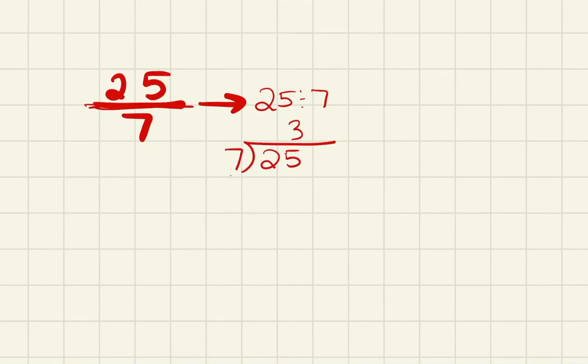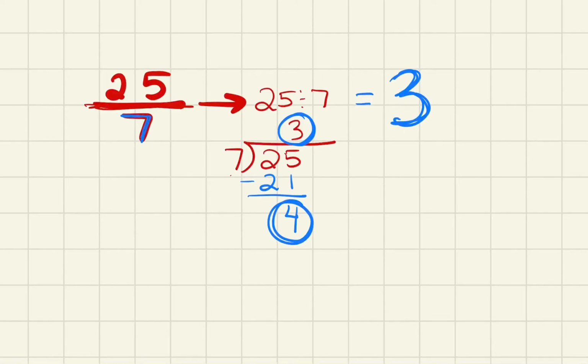3 whole times. Okay, so this 3, guys, is our whole number. So 3 wholes. 7 times 3 gets you close to 25, but that's only 21. So we subtract. 25 minus 21 is 4. If we can't do it anymore, 4, guys, this is our numerator.